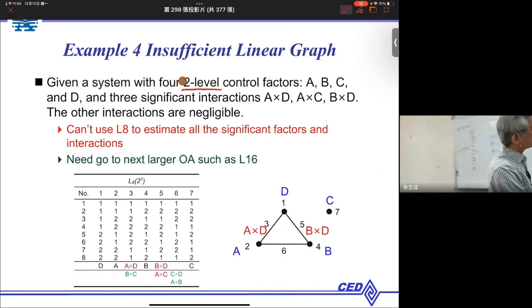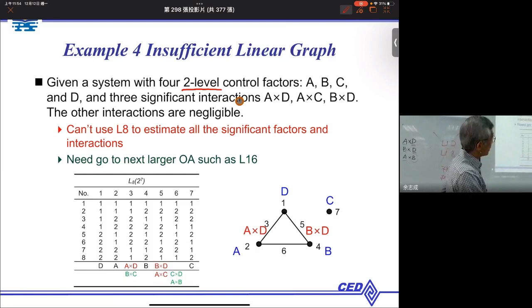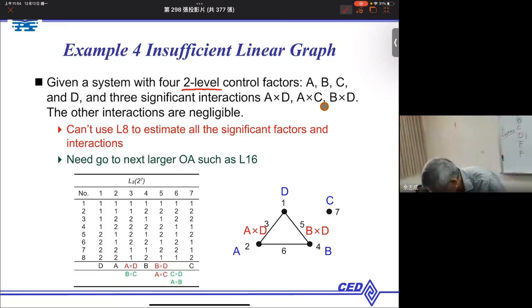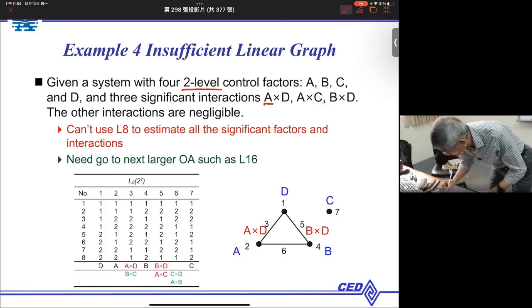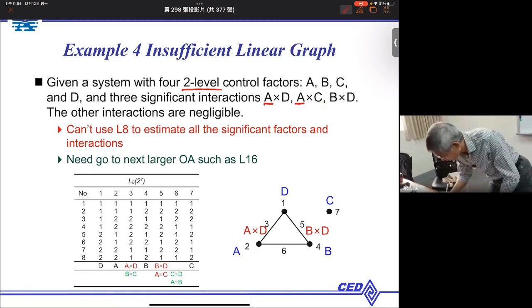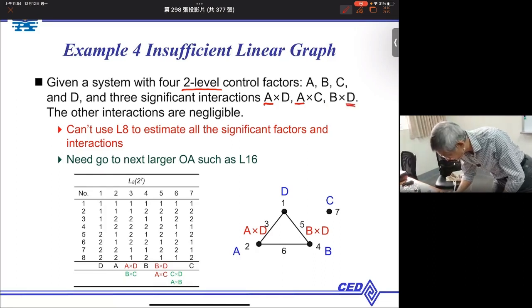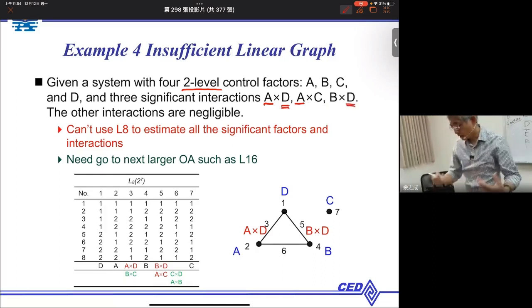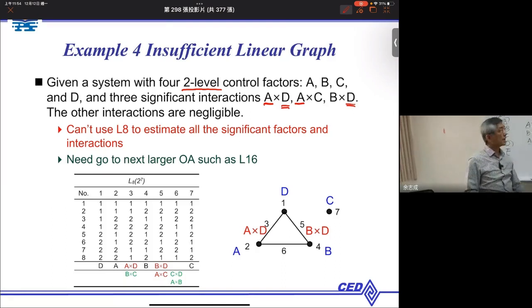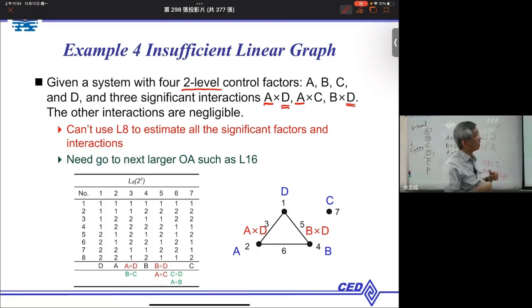We need to find here AD, AC, and BD. So we know A happened twice, D happened twice, C and B only happened 1 time. So we need to assign factor A and factor D first. Factor A needs to have a place with 2 lines.